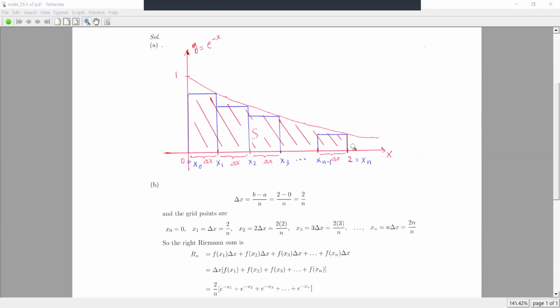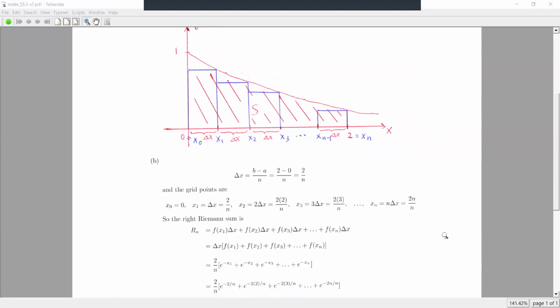The last point is n times delta x, the distance from 0. So xn is n times delta x. Delta x is 2 over n, so if we cancel n, it is 2. So xn is 2. The last point is always the right endpoint of the interval. This is 2.